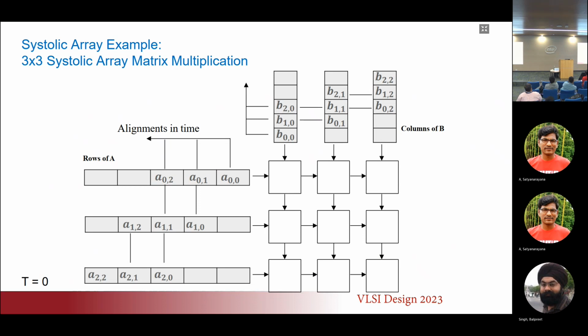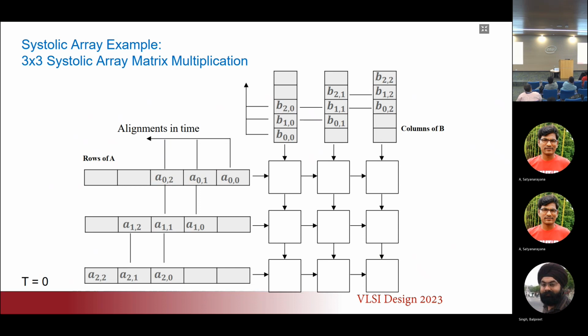So in the input data alignment, I first align the A data into shift registers, and then I align the B matrix into shift registers where B00 goes here. Now I apply the clock. So first this element comes here, and that element comes here. And this element moves there, and this element moves there. So it just shifts by one position.